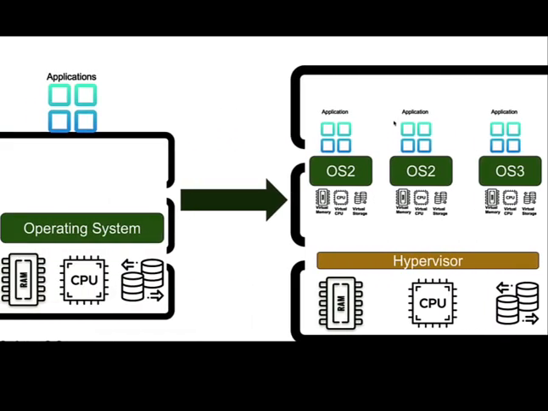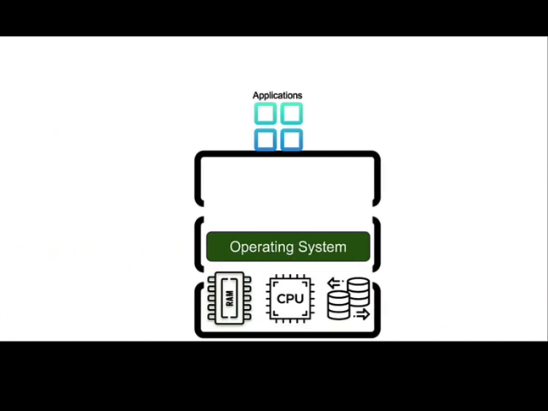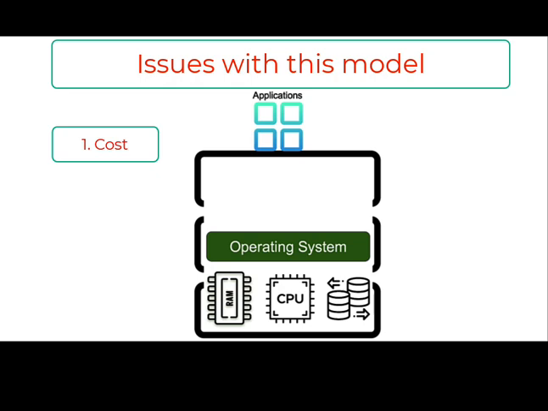Now, there are a few problems with that approach. The first problem is the cost. The customer has to pay for this high-end box just because of the high traffic season. Remember, once that season, maybe Christmas or New Year, is over, we are going to have very few transactions.